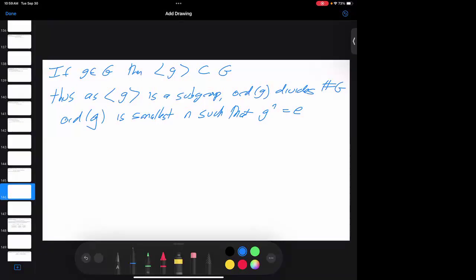So we know that no matter what element you give me, some power of it is going to be the identity, and that power has to divide the size of G.